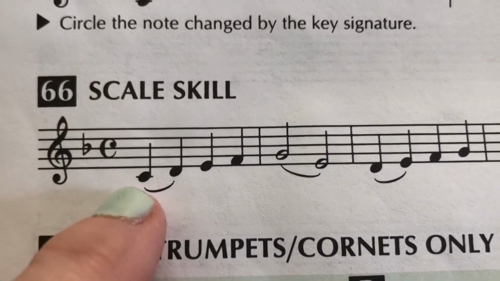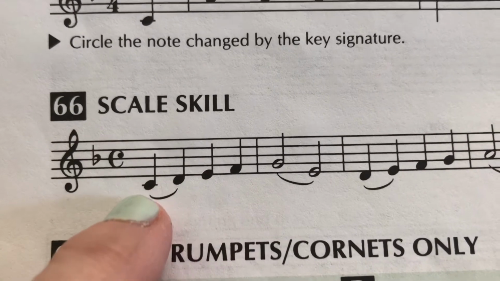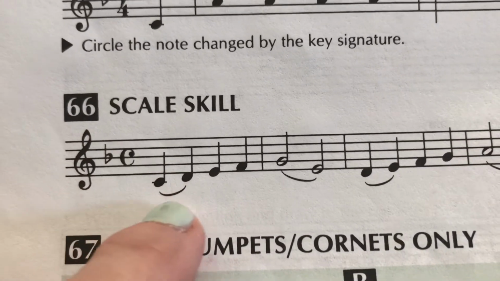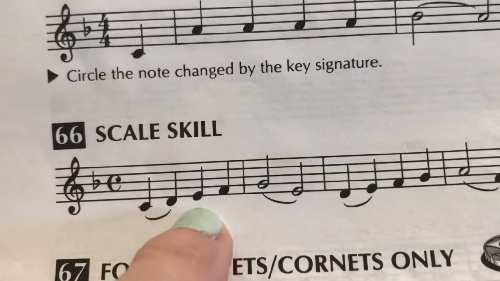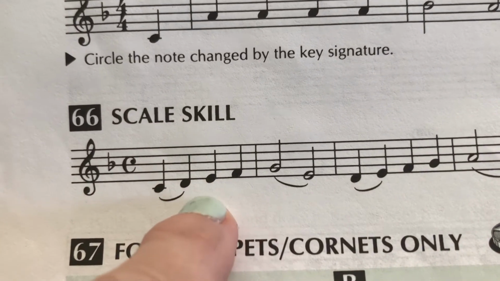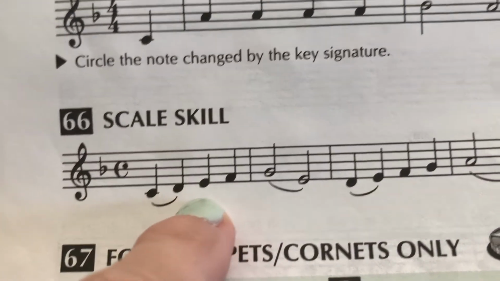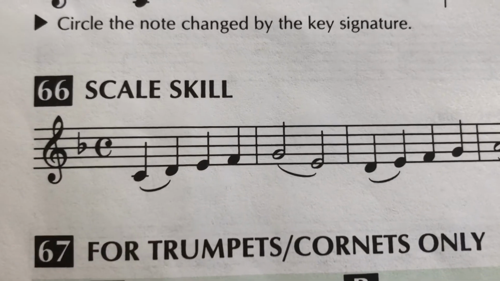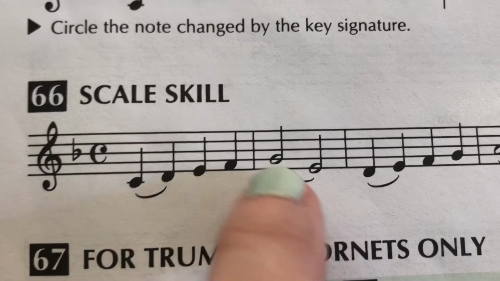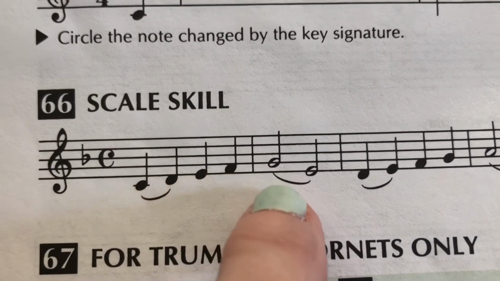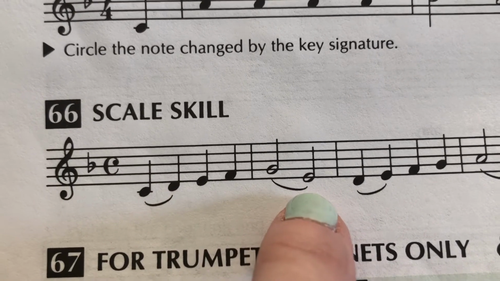Take a look at number 66, the scale skill. It starts out with two notes that are slurred together, and remember we tongue the first, slur to the second. Then we have two notes that are just your basic legato. They're not staccato, they're not too short, they're just normal, and we tongue them. Then we'll tongue this first note and slur to this second one.